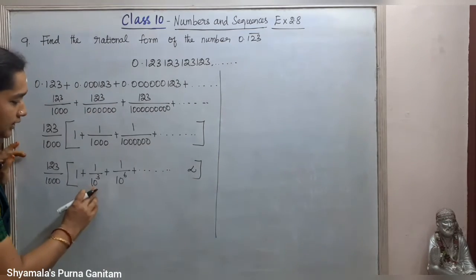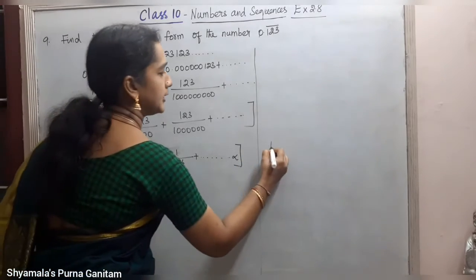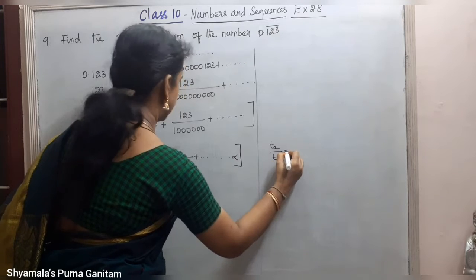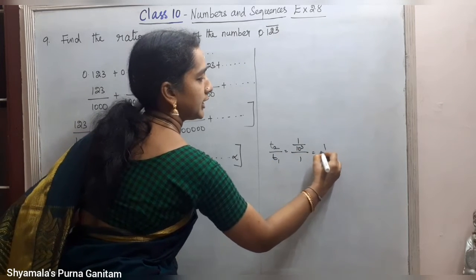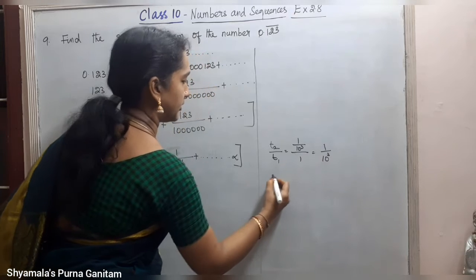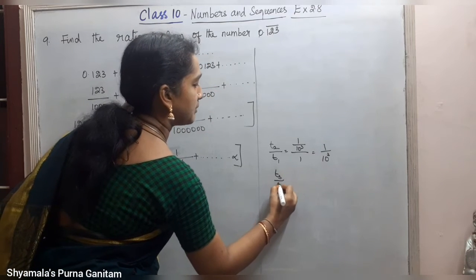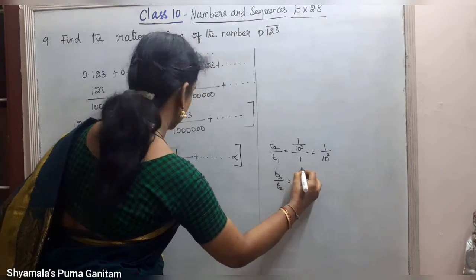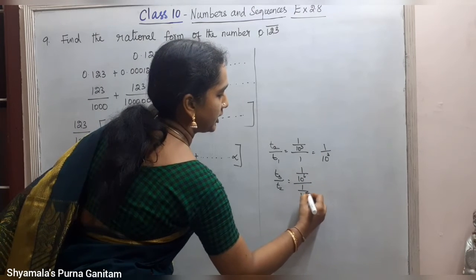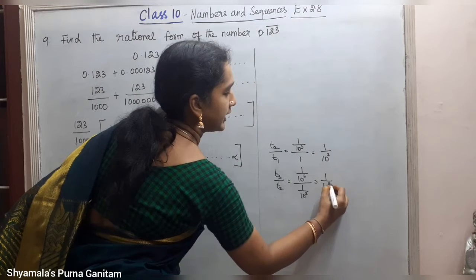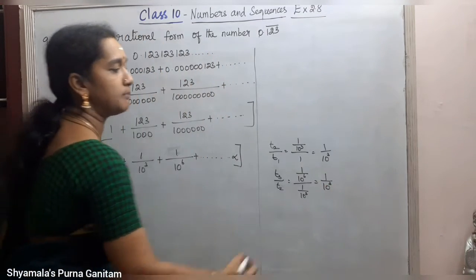Now T2 by T1: T2 is 1 by 10 power 3 and T1 is 1, so the ratio is 1 by 10 power 3. Then T3 by T2: T3 is 1 by 10 power 6 divided by 1 by 10 power 3. When we simplify this, we get the ratio as 1 by 10 power 3.